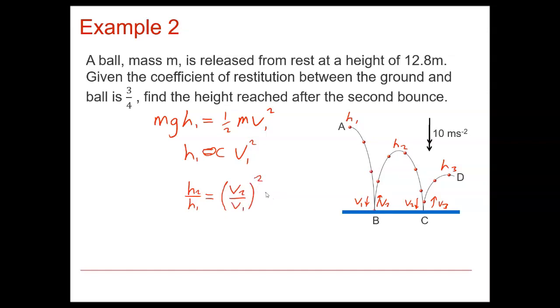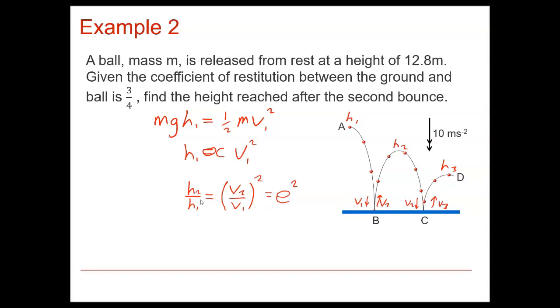Why is that really nice? Because that's e squared. So this coefficient of restitution that tells us about ratios of speeds either side of an impact also tells us about a ratio of heights either side of a bounce.